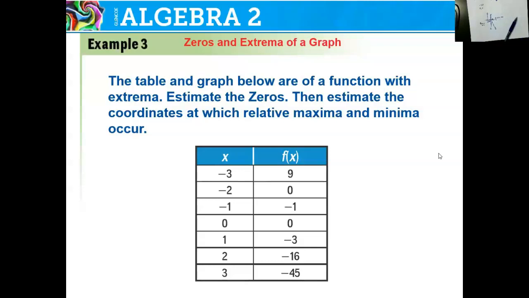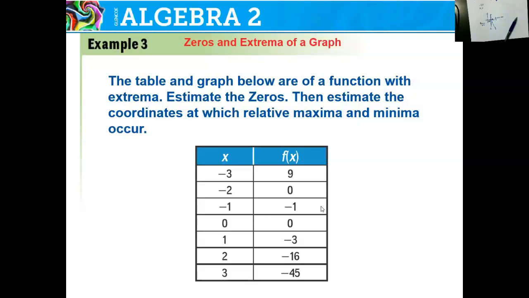So once again, that graph is straight from the table. So when I was at -1, my y value or f of x value was at -1. You can see that that is less than the 2 points surrounding it. -1 is less than 0, and -1 is less than 0. Okay, so that shows that -1 is a relative minimum.